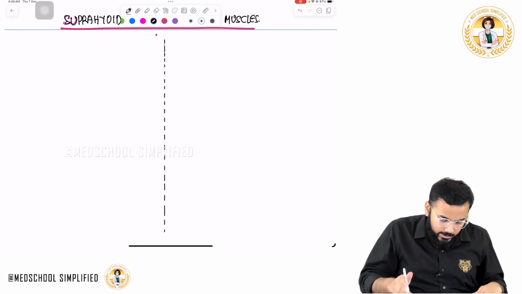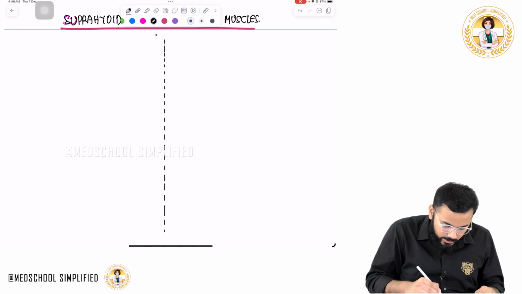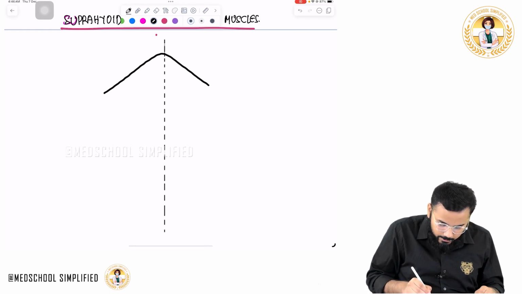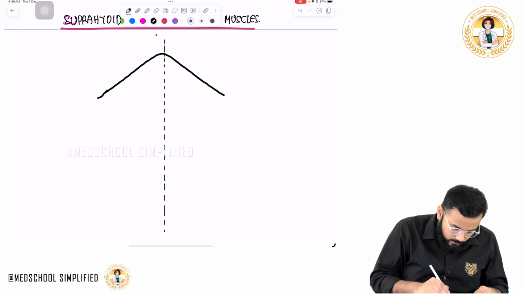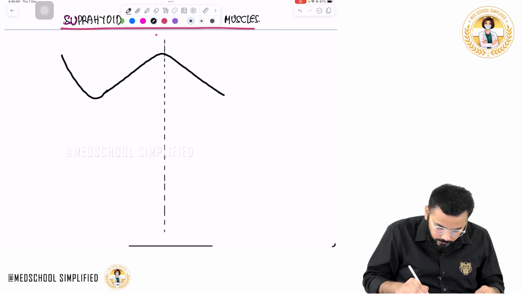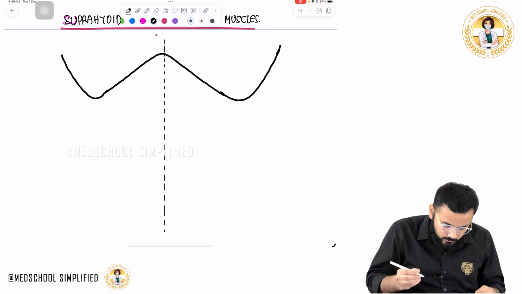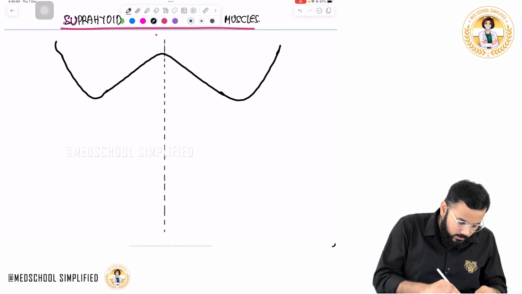Now within this midline, let me draw one very important thing. This is the half of your mandible. Okay, so this is your mandible all over here.